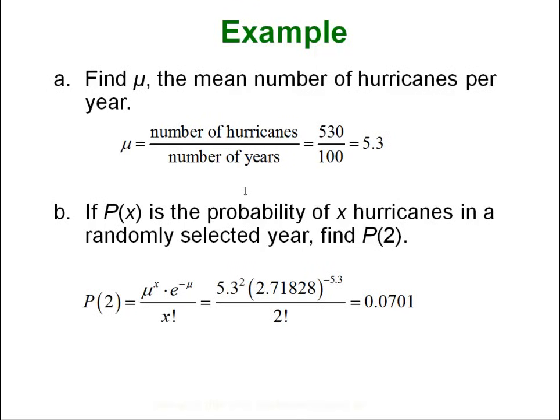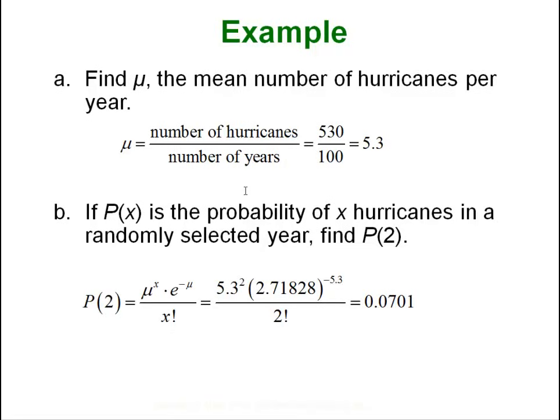Here are the numbers. Very simply, mu is just the mean that you would expect, right? Number of successes over total number of things. We had 530 hurricanes in the last 100 years, so 530 divided by 100, we had 5.3 hurricanes per year. That's the average. Now to figure out P of x, we very simply put those numbers in.